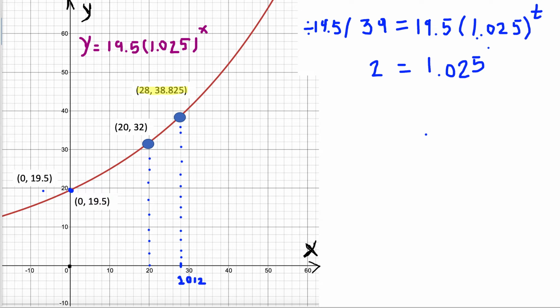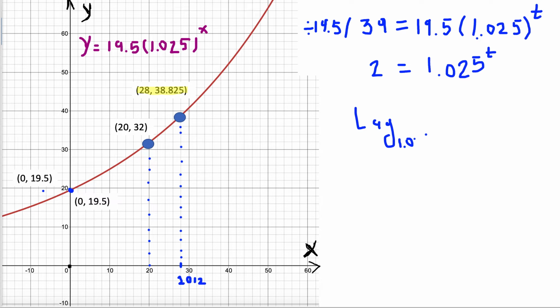In exponent t. And now this one I can write as a log, where this is the base. What is going to happen is that t is going to be the log of 2 with base 1.025.